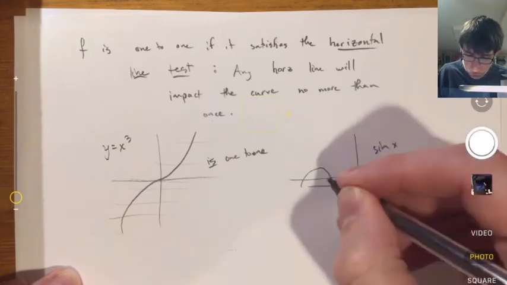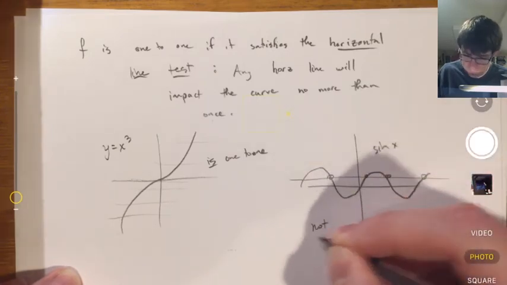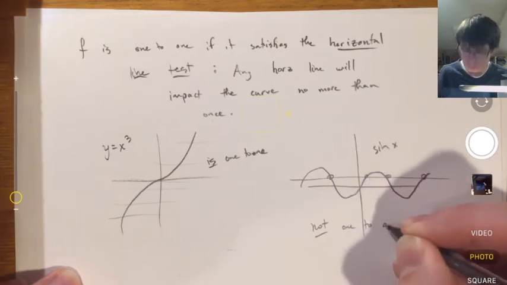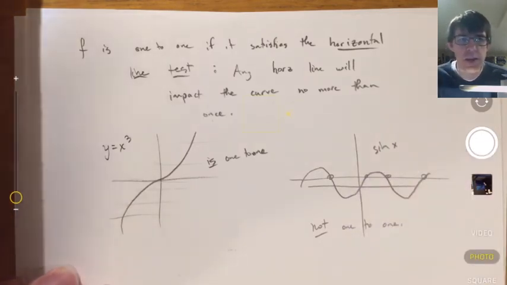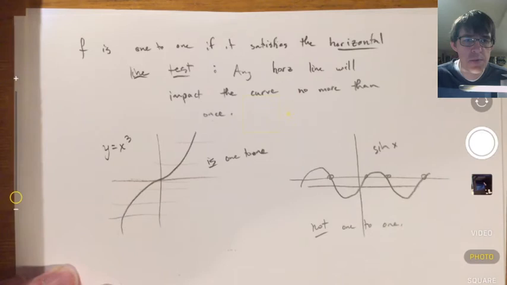So this is not one-to-one. All right. This is generally easier than if I just gave you an equation of a function. It's not so easy to tell just by looking at the equation if it's one-to-one or not. If you know what the graph looks like, then it's easy to tell. You can just look for the horizontal lines. All right. Any thoughts about this? I think this is probably familiar to you from high school.